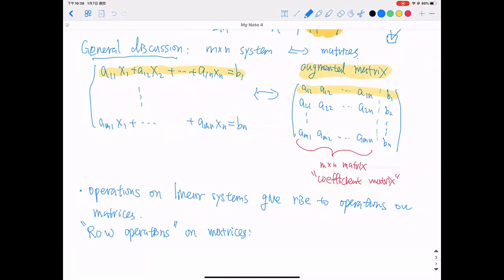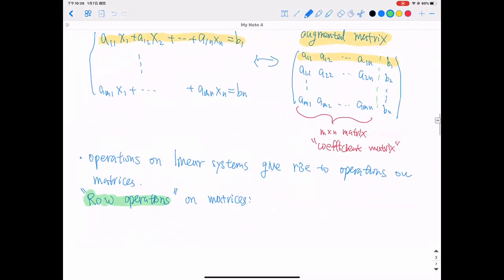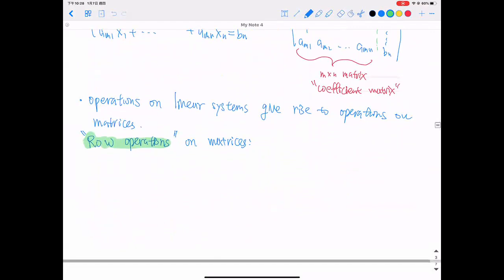Let's see here. Row operations, and there are three such things. Again, let's use R to denote row. So Ri will be the ith row, Rj is the jth row, and this symbol here means we interchange the ith and the jth row.